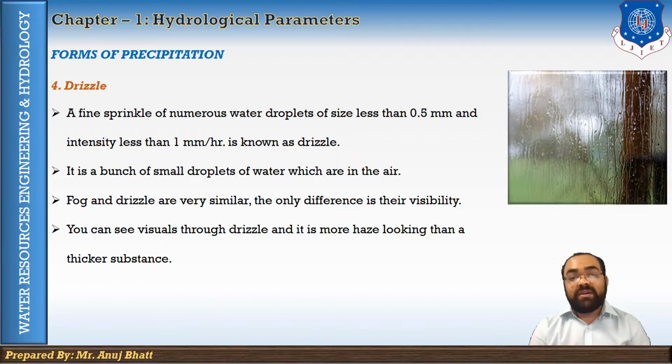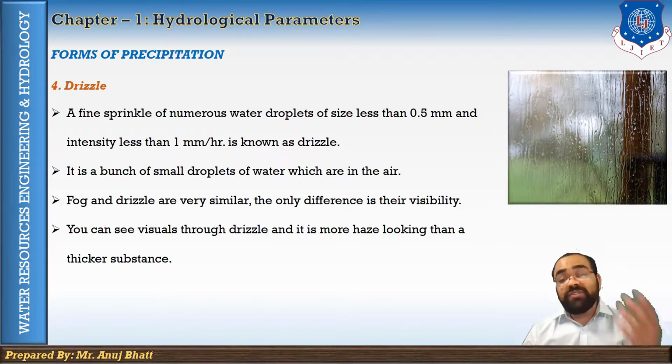Fog and drizzle are very similar. The only difference between fog and drizzle is visibility. If you cannot see beyond 1 kilometer or less, you know you are dealing with fog, and you can see through drizzle.